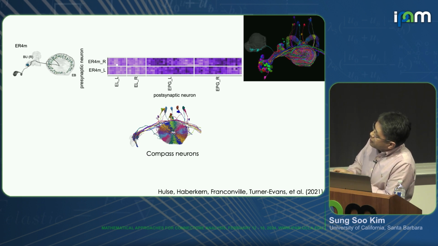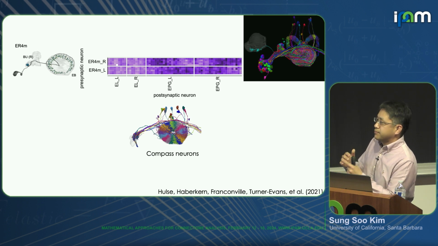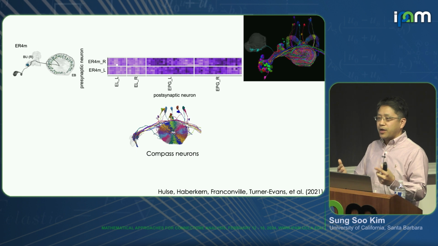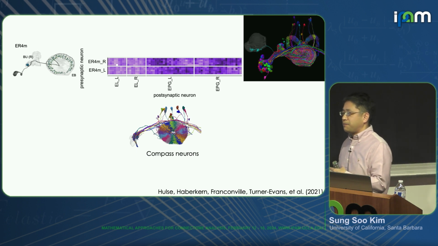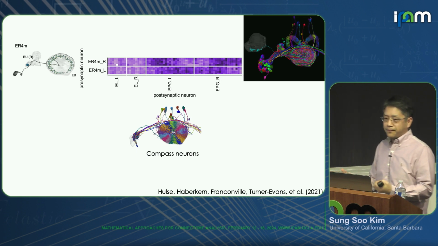If you see the synapse count from ER4M neurons, which are sensitive to skylight polarization, to the EPG neurons, which are the official name of compass neurons, you can see that the synapse count has some kind of variation, right? Meaning that you can actually predict the preferred skylight polarization pattern that each compass neuron may prefer, right?